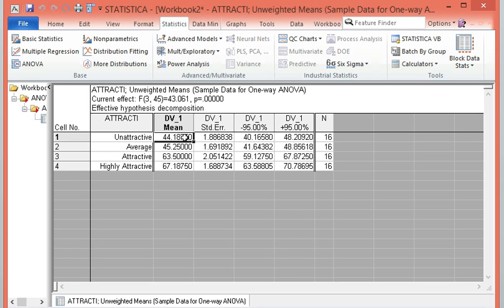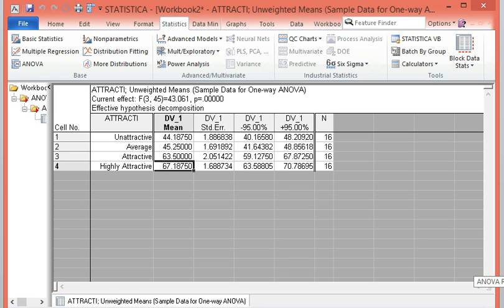And we notice that in terms of the means, it seems that the more attractive the person gets, the higher the social desirability ratings given. But what we'd like to know is whether these differences are significant, or are they merely happening by chance?